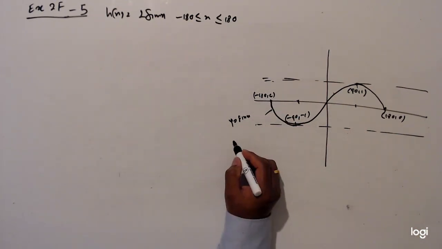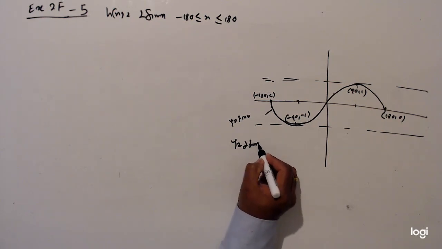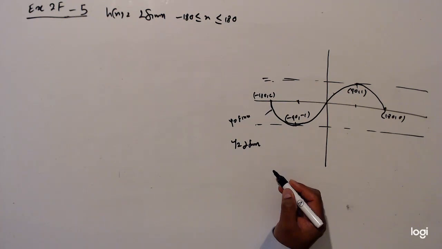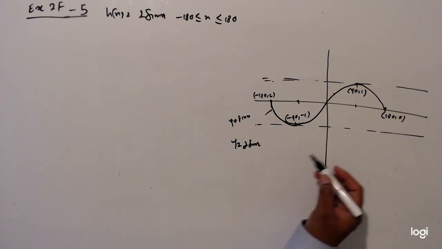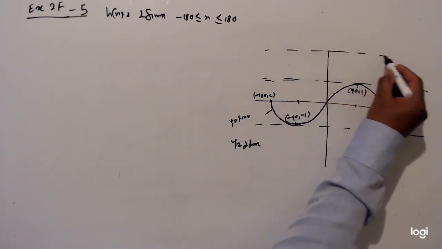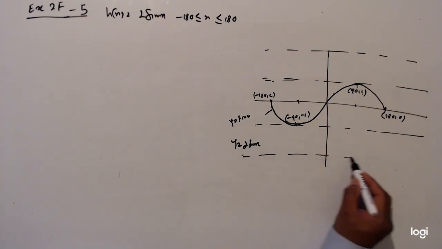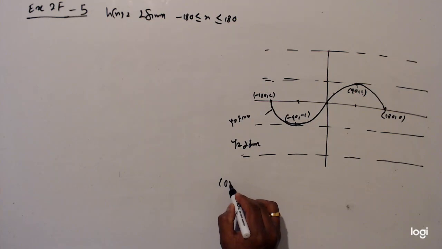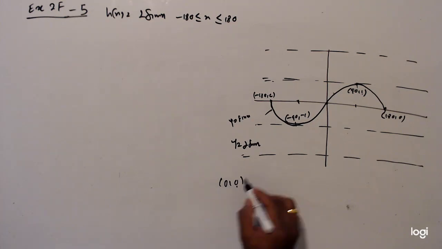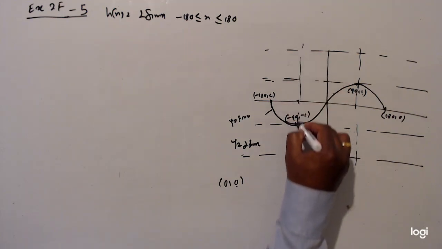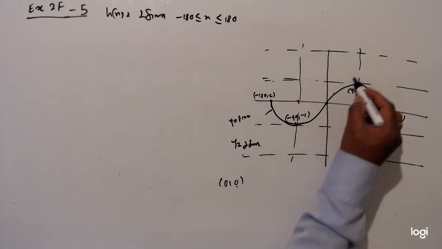And then y equal 2 sin x. So this is a vertical stretch. We have to multiply the y values by 2. So in that case, 1 times 2 is 2. And 0 times 2 is 0. So the graph still goes through 0, 0.